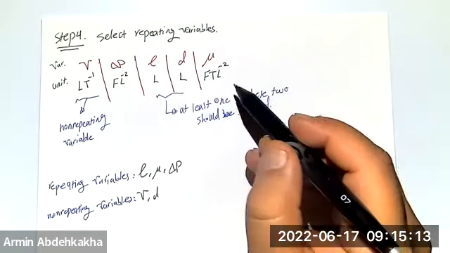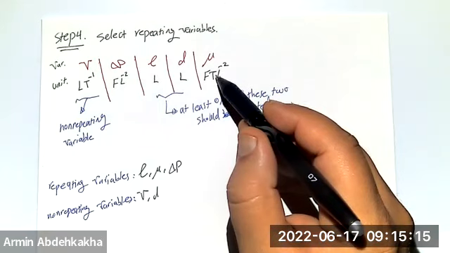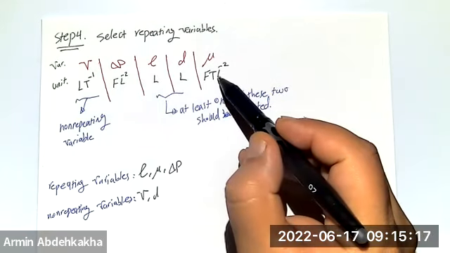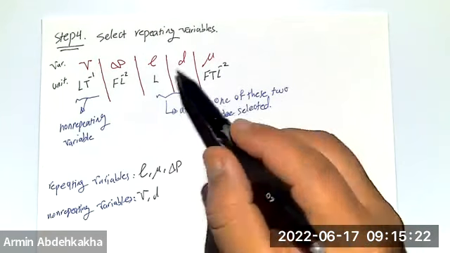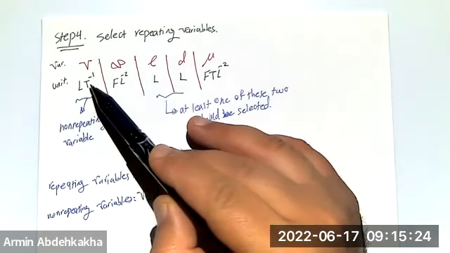And another method to find out why mu should be selected: the only term that has T as a unit is mu. And you know V is a dependent variable.